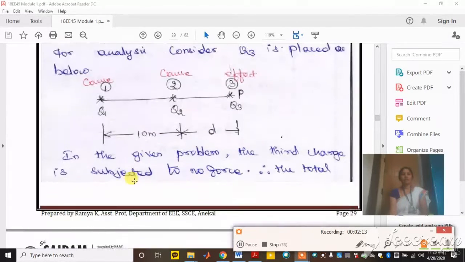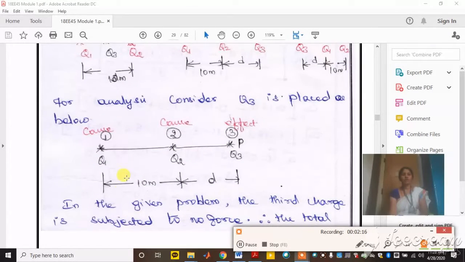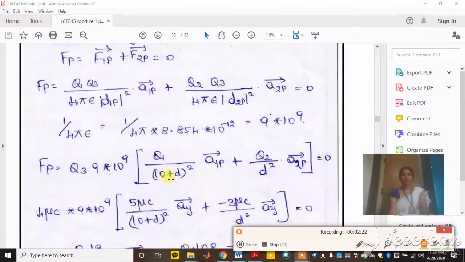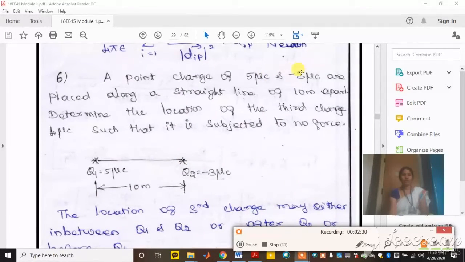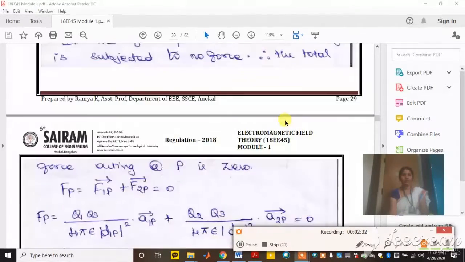D1p, the distance between the first charge and the third charge, is 10 plus d meter. The distance between the second charge and the third charge is d meter. Q1 is 5 microcoulomb, and Q2 is minus 3 microcoulomb.